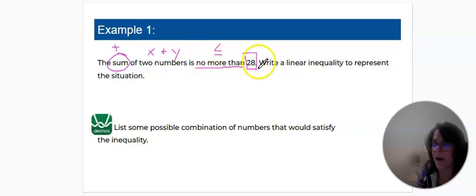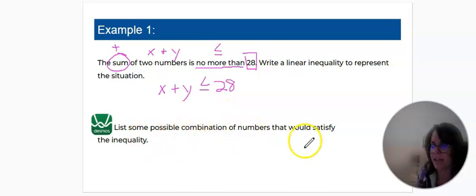Notice that for everything in the problem, I've translated it into something mathematical. So now I can write the linear inequality to represent the situation. The sum of two numbers is X plus Y, and that has to be less than or equal to 28.